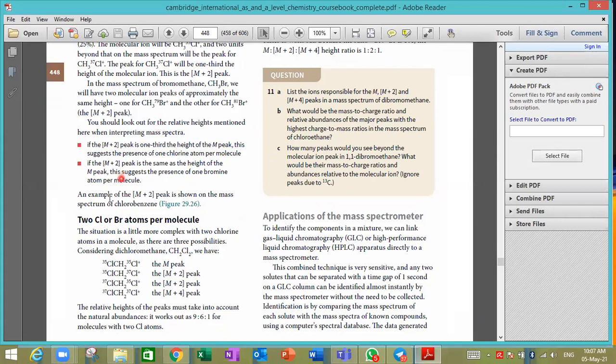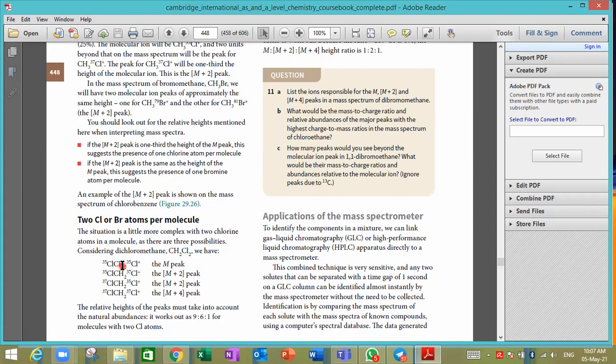For example, if we have this molecule, CH2Cl2, here we are going to have an M peak, an M+2 peak, and an M+4 peak as well. We have 3 peaks, the M peak, the M+2 peak, and the M+4 peak.